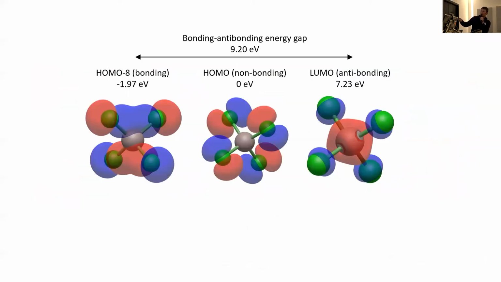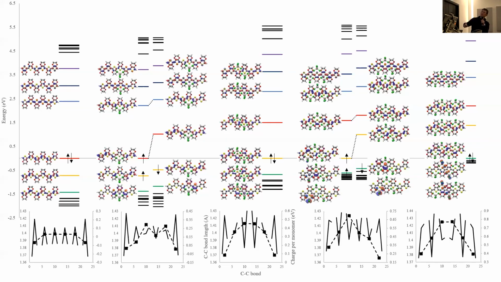Okay, and finally, just to prove the previous point, with these anions, you can see how much of a gap there is between the bonding and the anti-bonding orbitals. So the anti-bonding orbitals are a full 9.2 electron volts higher than the bonding orbitals.